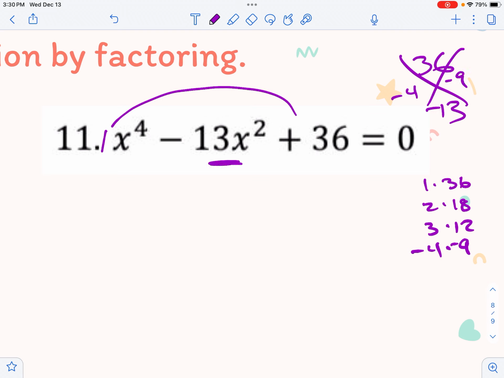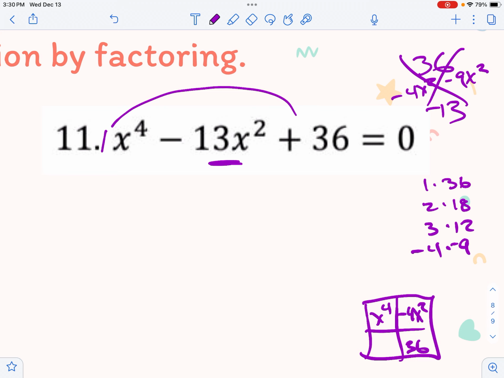Now, my middle term doesn't add up to x. It adds up to negative 13x squared. Like I said, if you want to do the box method, first term is x to the fourth, last term is 36. Then throw in your negative 4x squared and negative 9x squared and break it down like that.